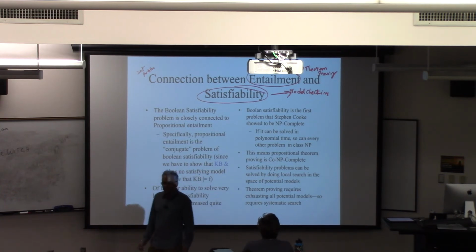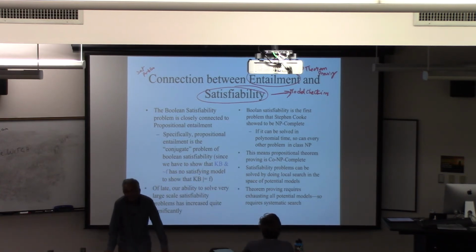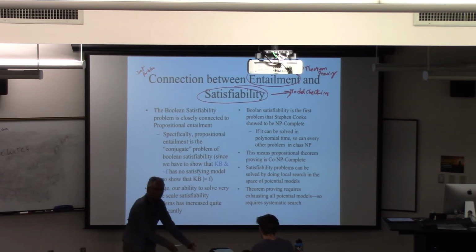Remember I said Boolean satisfiability is NP complete? So you know that propositional model checking is an NP complete problem. So what is propositional theorem proving's complexity? It's the complementary problem, so it's co-NP complete. As far as you are concerned, a hard problem. Okay.